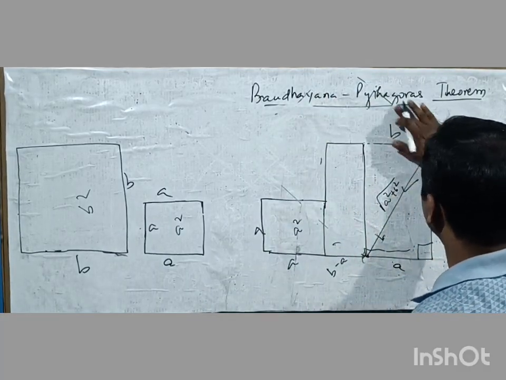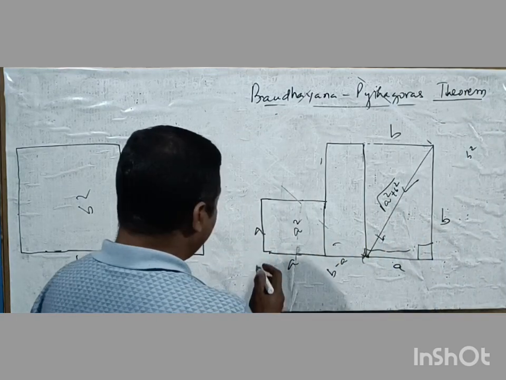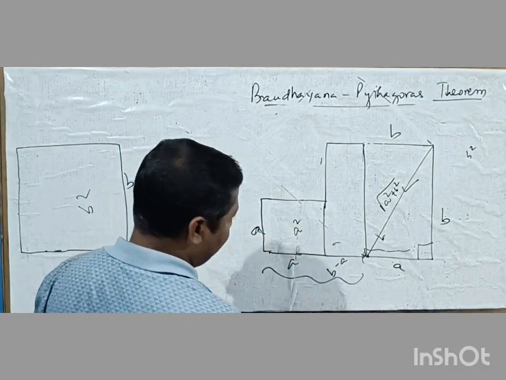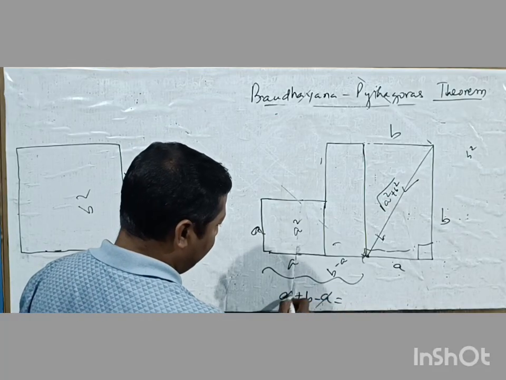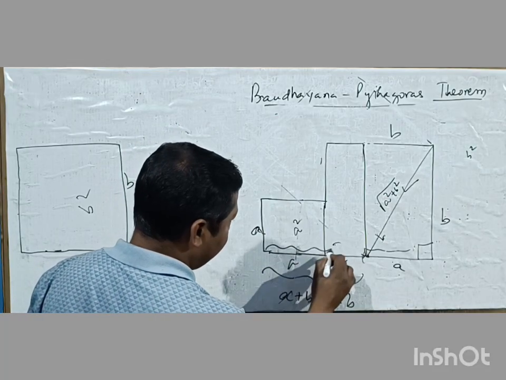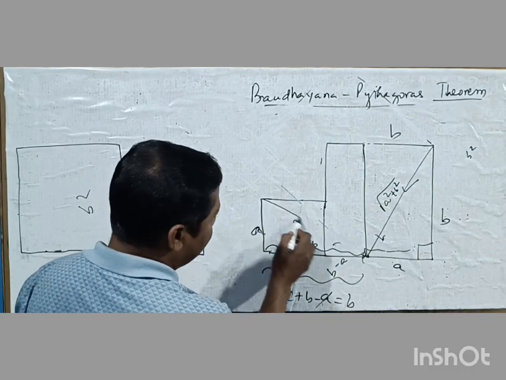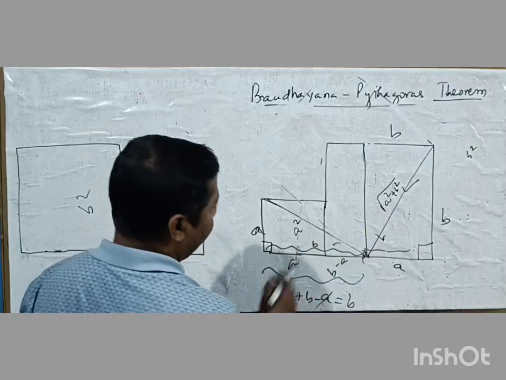Okay, now I can calculate in another way also. Suppose I am taking this one A and this one is how much? A plus B minus A, that means B. This is also B. So if I take this hypotenuse having a right angle here, what will this one be?